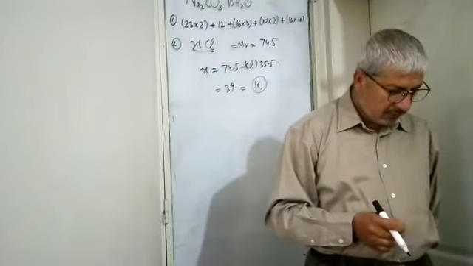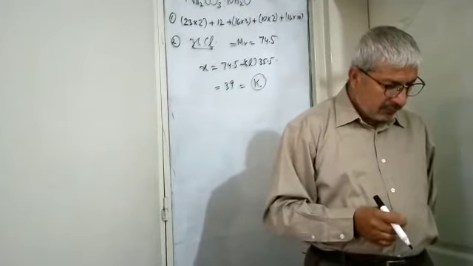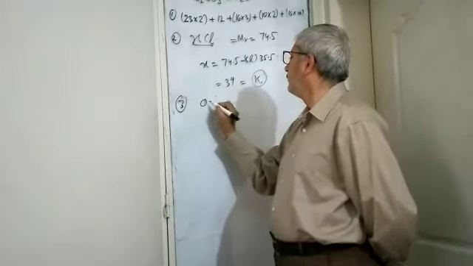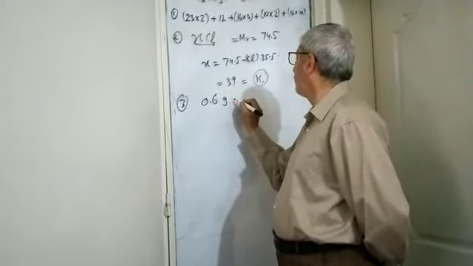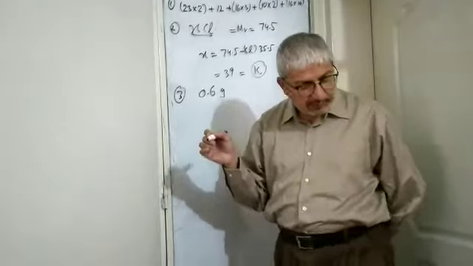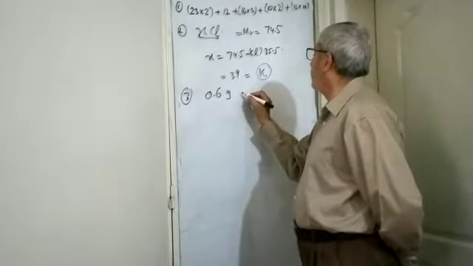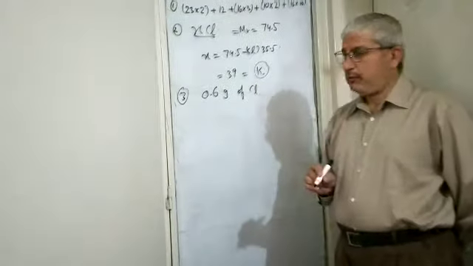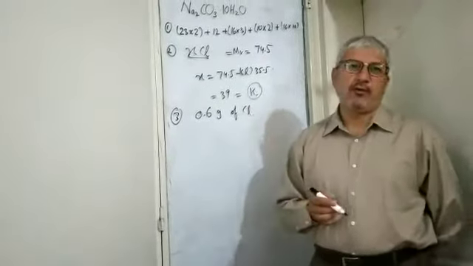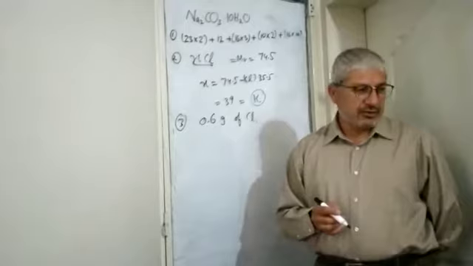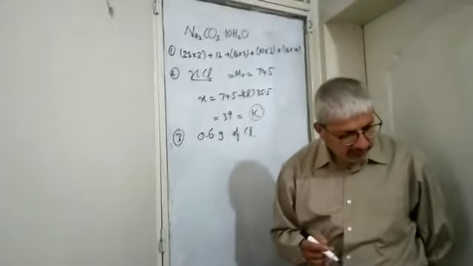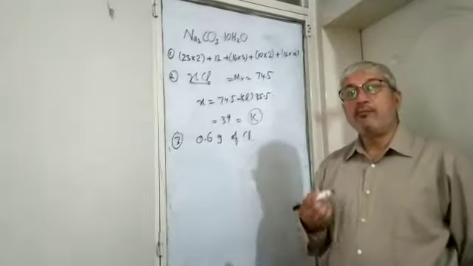An analyst found 0.6 grams of dissolved chlorine in a sample of polluted water. How many chlorine molecules are there in the sample? And the question is how many atoms or molecules? How many chlorine molecules?